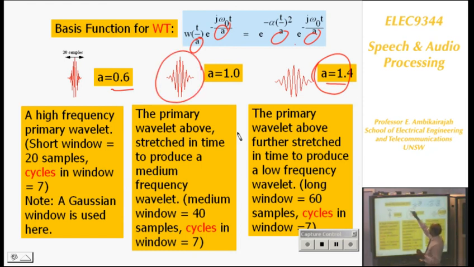This is 1, the primary waveform, the mother wavelet, at one particular frequency. You compress this when you want to do high frequency analysis. You stretch it when you want low frequency analysis. And use these waveforms as your analysis waveform rather than a sinusoidal waveform. That gives you a wavelet, because this has a variable window length.